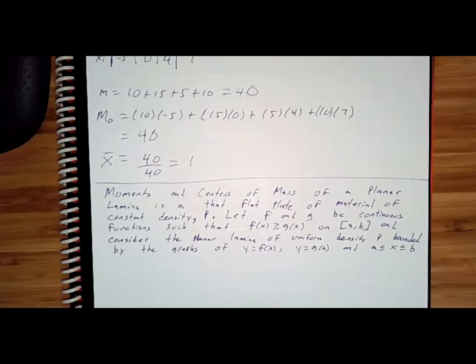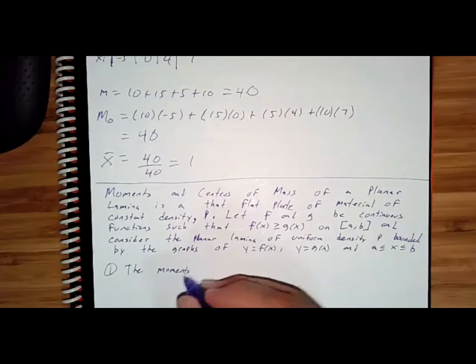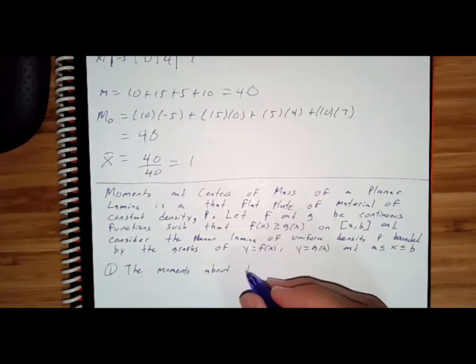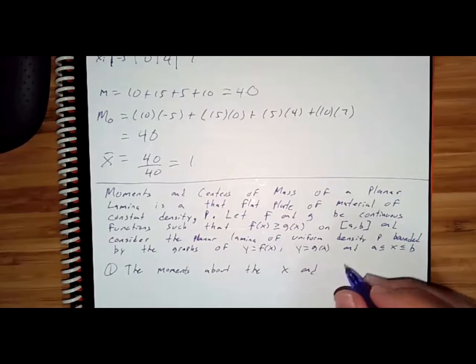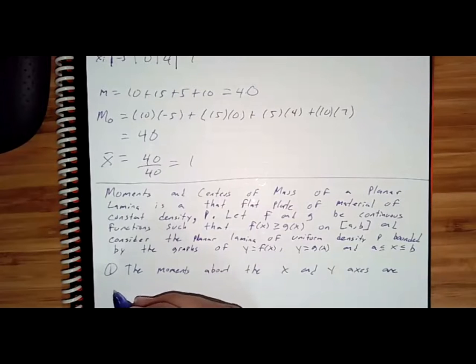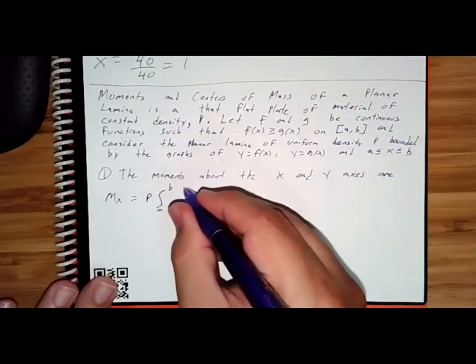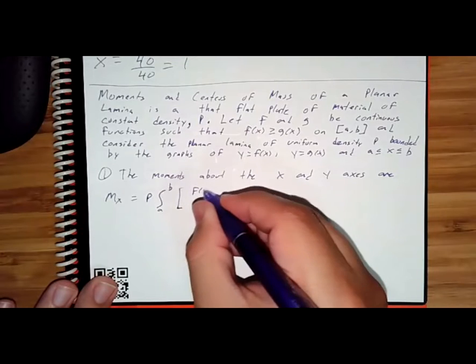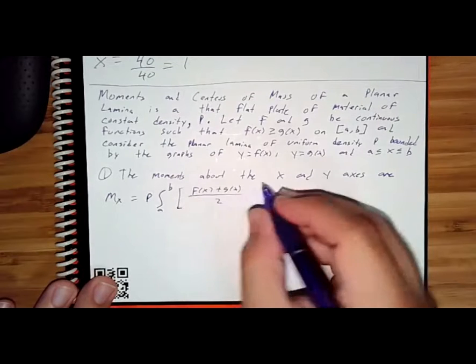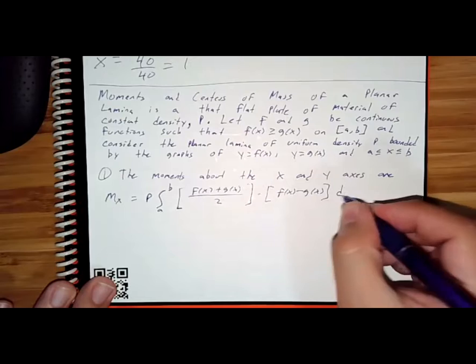All right, so now we can write our formulas. The moments about the x and y axes are, all right, so number one, Mx is equal to rho times the integral from a to b of (f of x plus g of x) over 2 times (f of x minus g of x) dx.